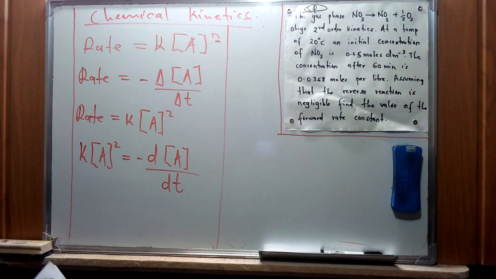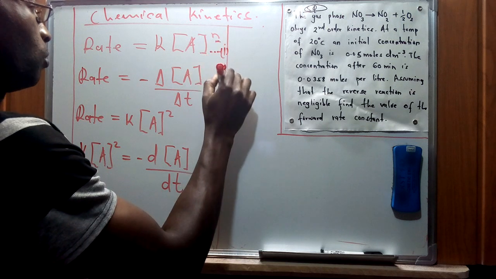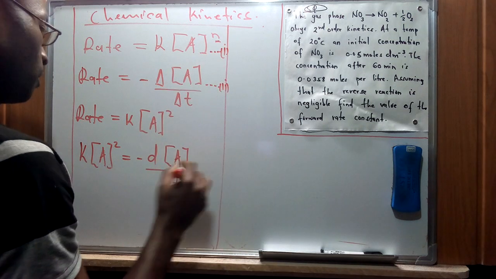In trying to find a general representation for this particular equation, we're going to interpret this set of equations, this is 1, 2, so let me give this one 3.